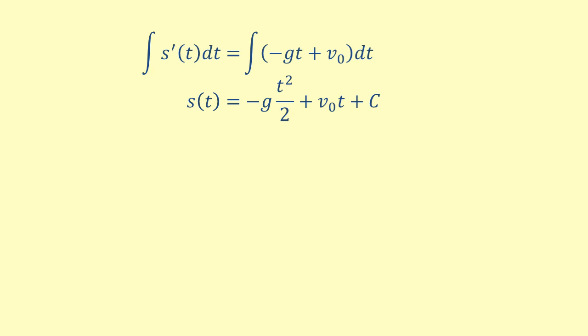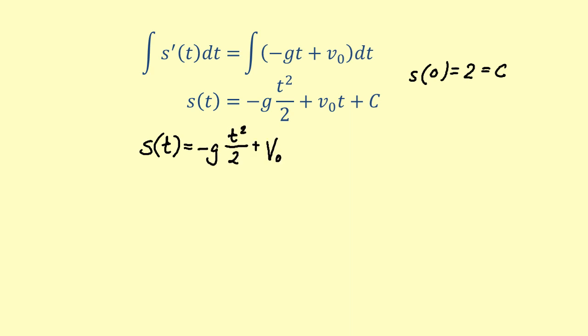If we substitute in 0 for t, we get s of 0 equals c. We also know that the initial condition states that s of 0 equals 2. Therefore, s of 0 equals 2, which equals c. Now we can write the position function as s of t equals negative g times t squared over 2 plus v sub 0 times t plus 2.